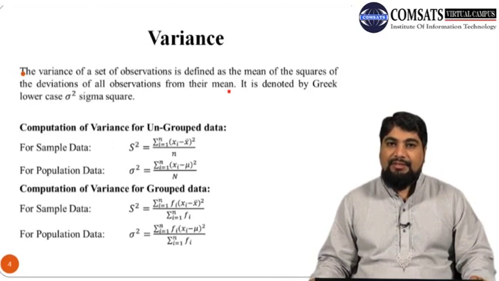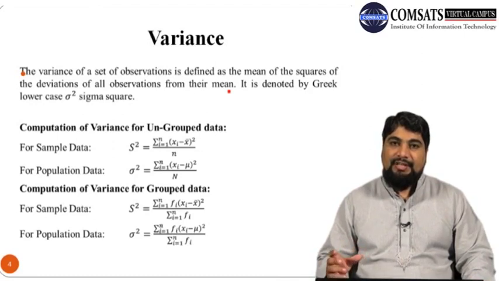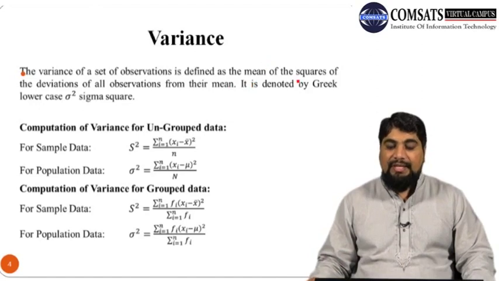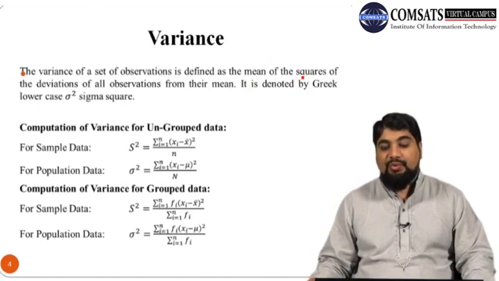So if we subtract the mean from each of the observations, then these are called deviations. In the case of variance we need to take the squares of the deviations, and then we have to average the squared deviations. So the variance is the mean of the squares of the deviations of all observations from their average value or mean.